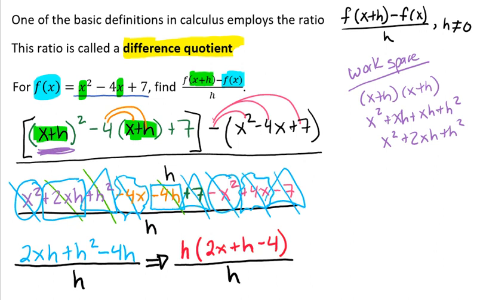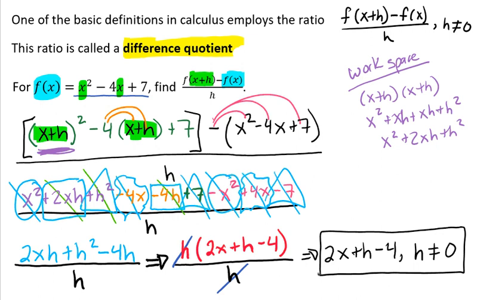And hey, we can cancel out our h's. That's great. So now we have 2x plus h minus 4, where h can't equal 0. And that's it, that's our answer.